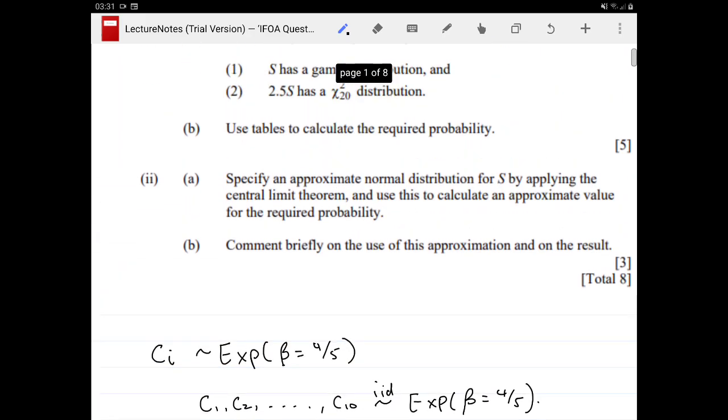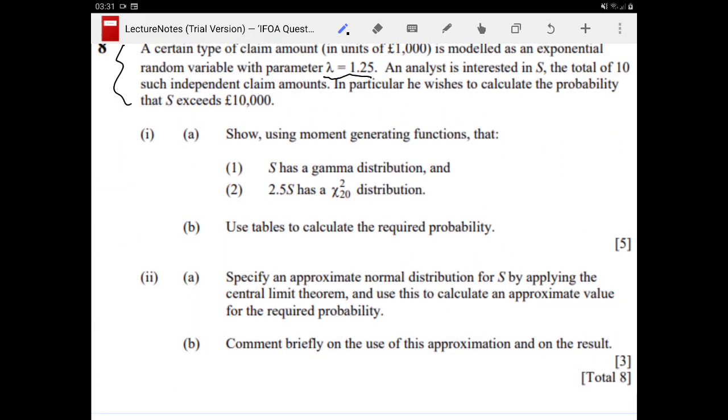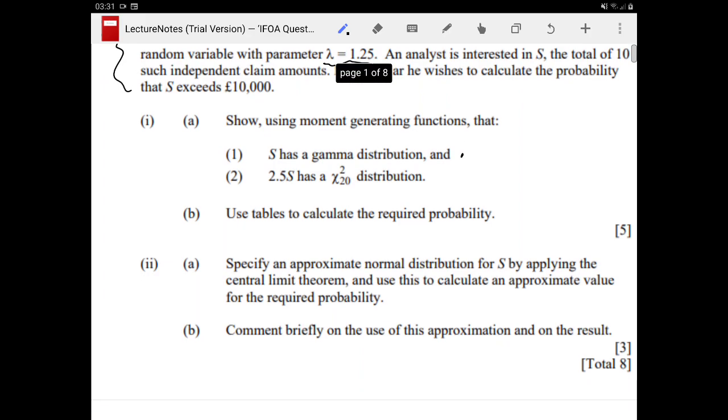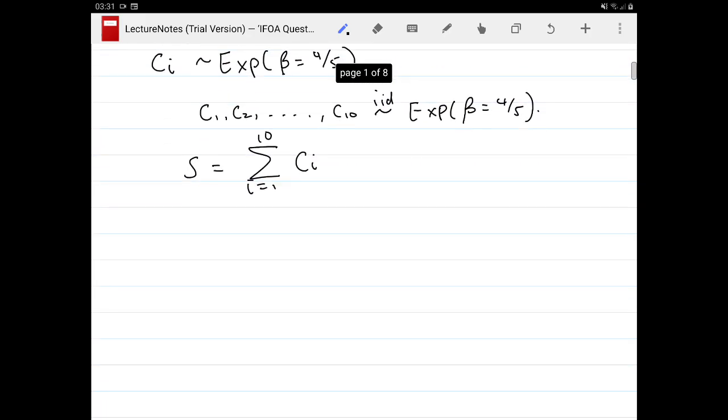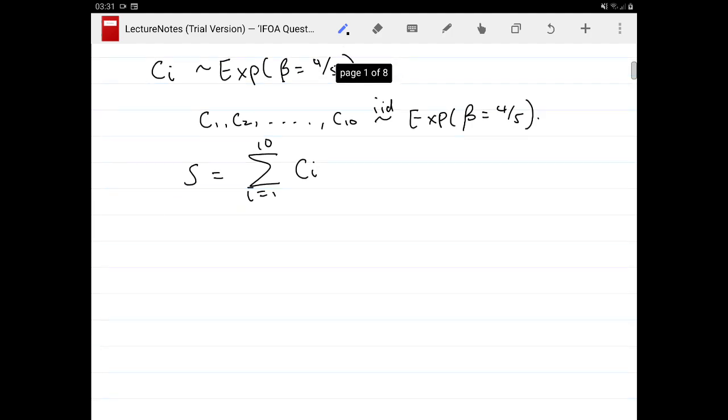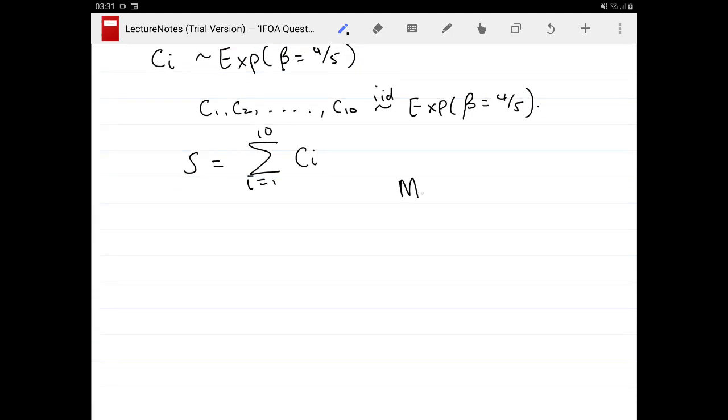Now, we can answer the first question. They say show using moment generating functions that S has a gamma distribution. In order to show that, we would have to show that the moment generating function of S, M_S(t), is equal to (1 minus beta t) to the power of minus alpha.